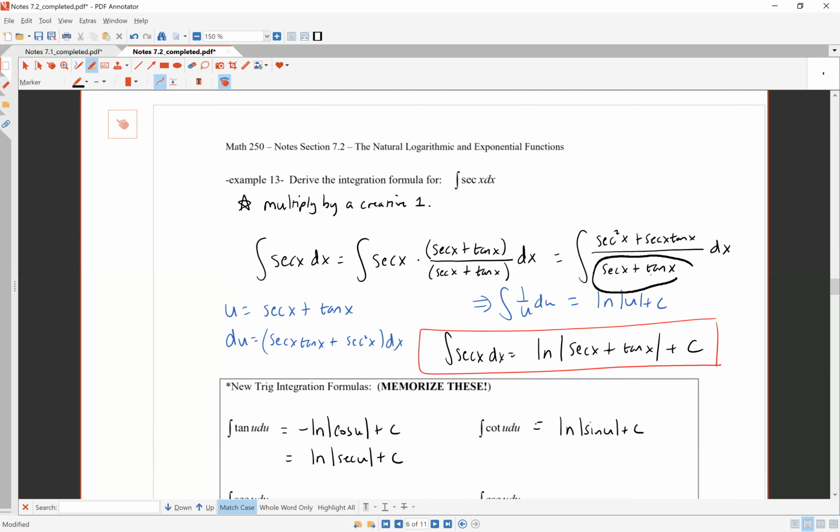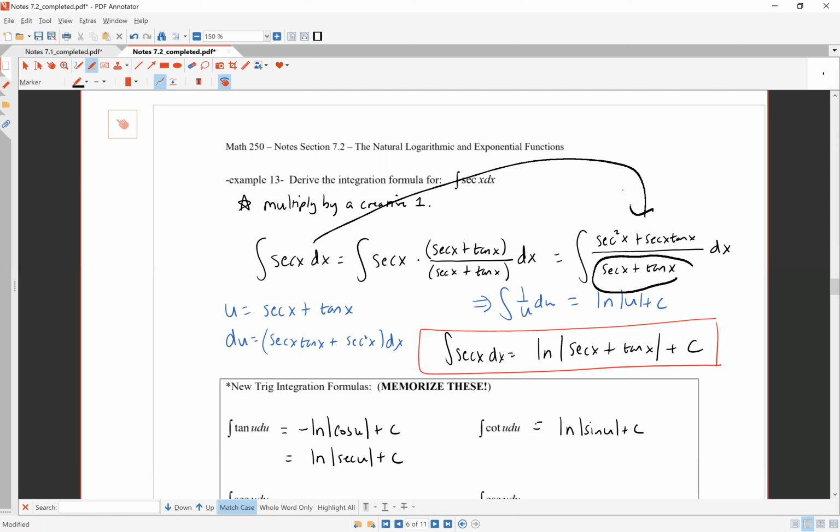So you just rewrite secant of x as secant squared of x plus secant of x tangent of x in the numerator, and secant of x plus tangent of x in the denominator. You let u equal the denominator, secant of x plus tangent of x. You use substitution, and you end up with 1 over u du. You get log of u, and then you substitute back in secant of x plus tangent of x.